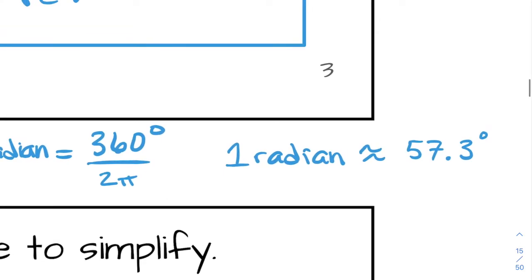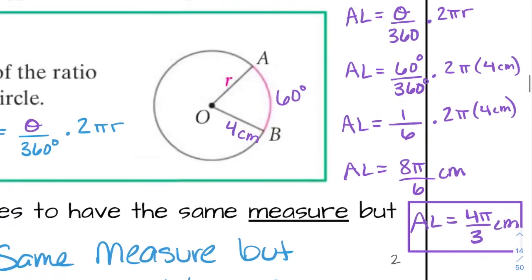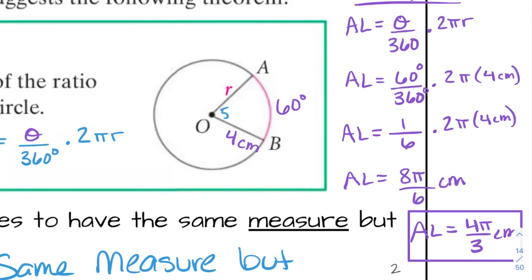What it's saying is that if I were to take a radius and create a central angle that is 57.3 degrees, the radius would actually be equal to the length of the arc, and that's what we call a radian measure.